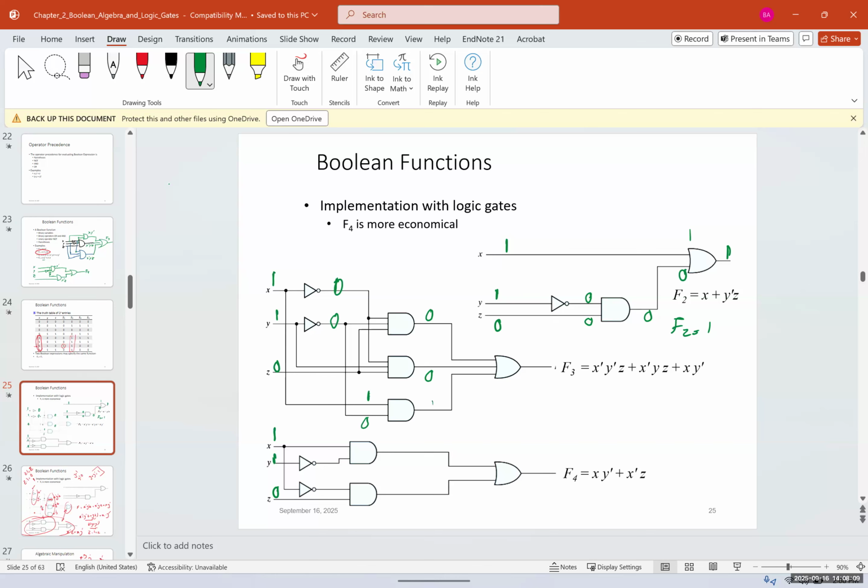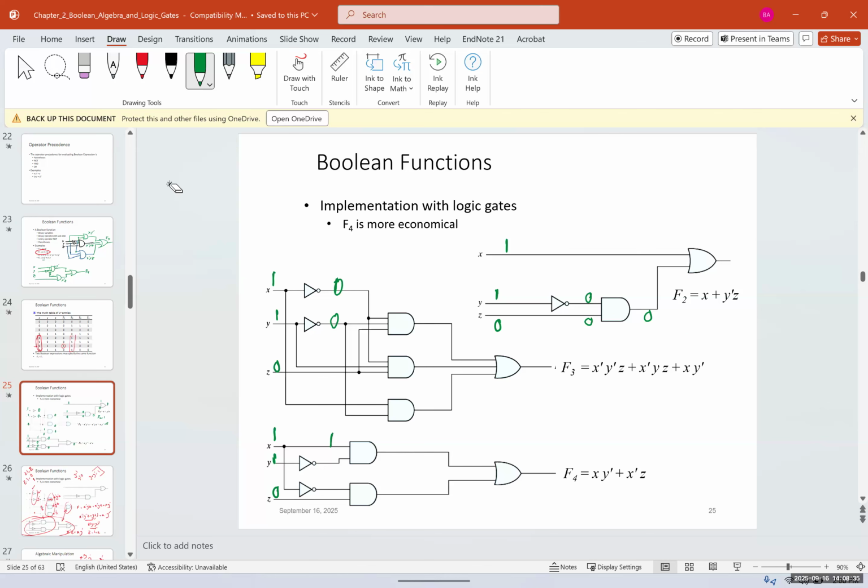We have 0 here. So F3 would be 0. Did you get 0 as well? And for F4, this is 1. This is 0. This is also 0. And this is 0. So 0. And this is 0. And F4 is also 0. So F2 is 1, F3 and F4 are 0.